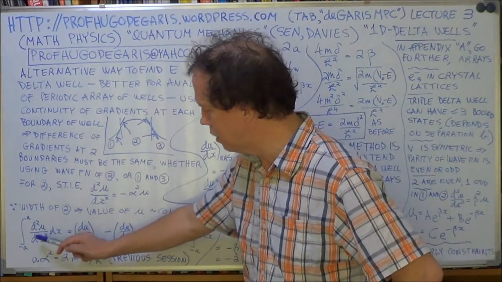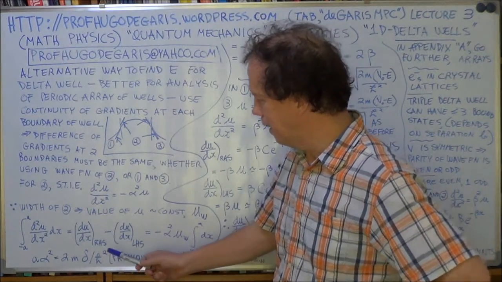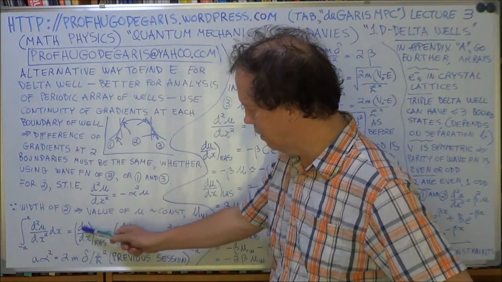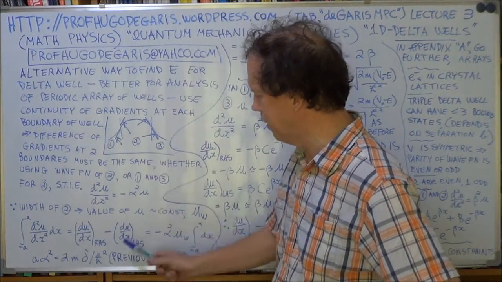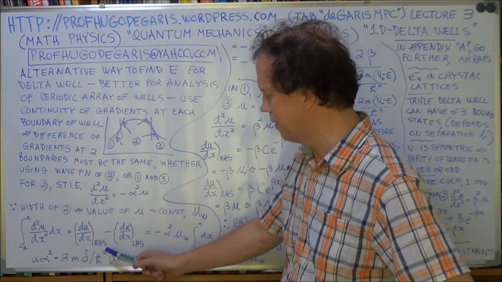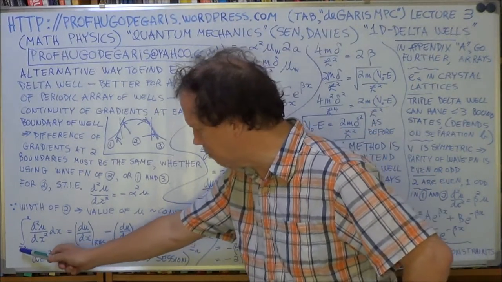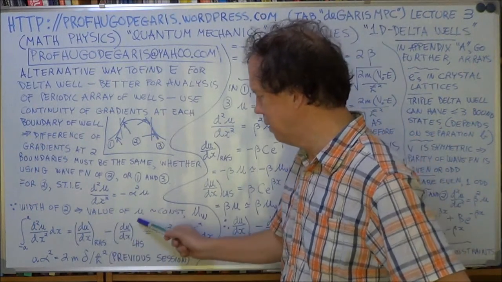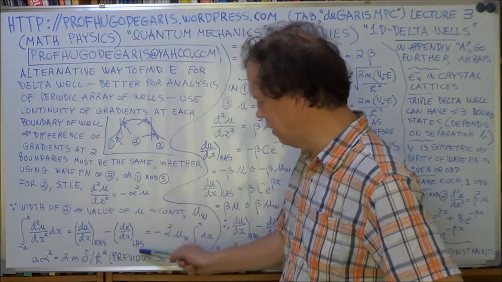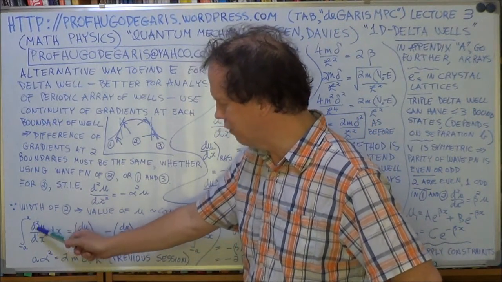So instead of d squared u dx squared, you'll just get du dx. Now you evaluate this at the limit at a, the right hand side, minus du dx at minus a, on the left hand side. So here we get this difference in the gradients by integrating the second differential.